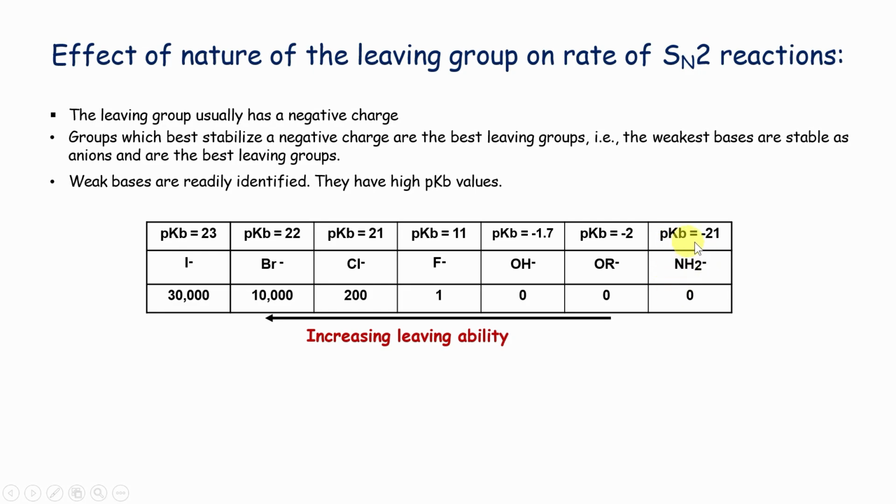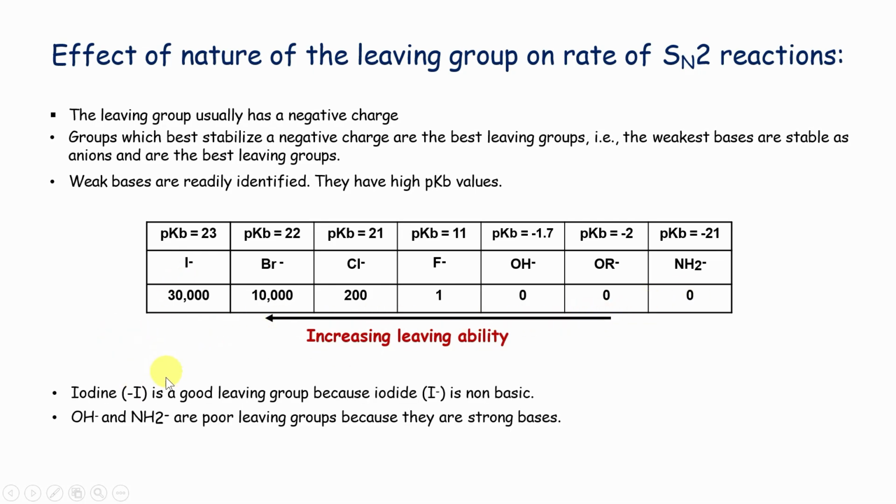Its pKb value is equal to -21, and hence it is the poorest leaving group. From right to left, the leaving ability of these groups increases. So iodide is a good leaving group because iodide is non-basic.